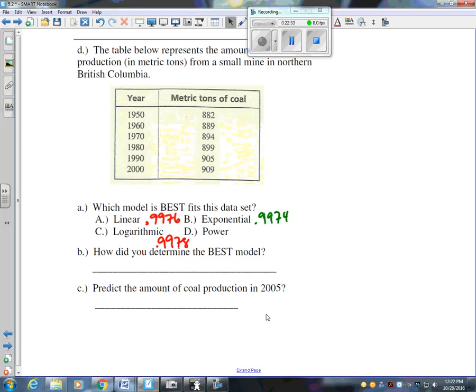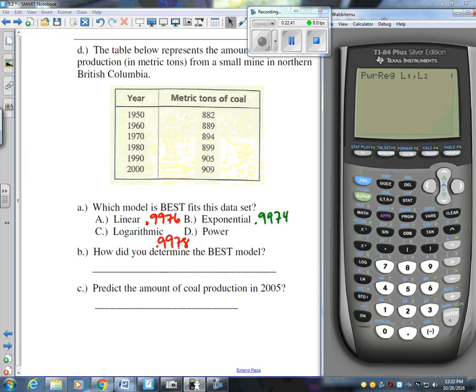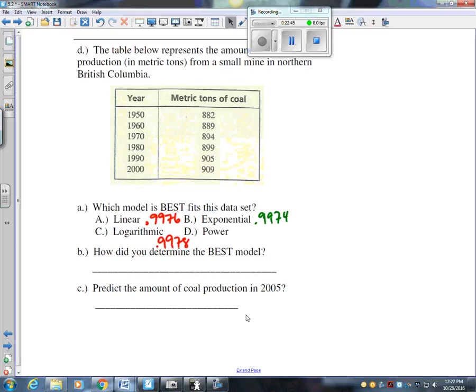And the power function, stat, calc, power function is A, which is 0.9976. All right, the best one is 0.9978. That's the biggest. It's closest to 1. How did you determine that this was the best model? Because it was closest to 1.